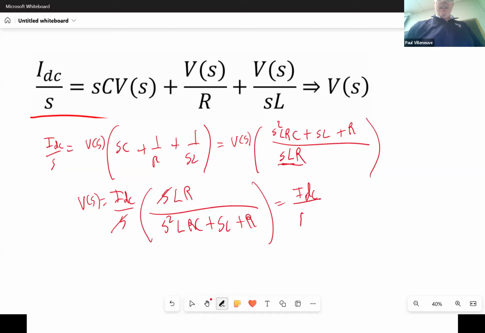I'm going to put LRC out front, and that multiplies S squared. When I factor out R, L, and C from the S term, what am I left with? Right? And over here, I'm left with 1 over LC.